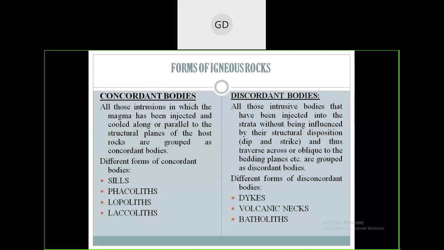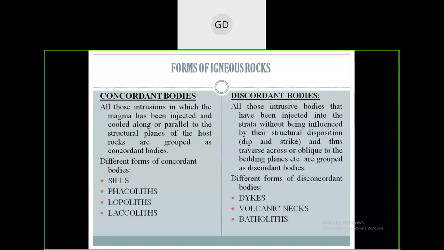Discordant is just the opposite of a concordant body. It does not take place in a parallel direction. It is injected across the bedding planes and cuts the bedding plane. Suppose the bedding plane is horizontal, then these discordant bodies will form in the perpendicular direction. So these two are opposite to each other.